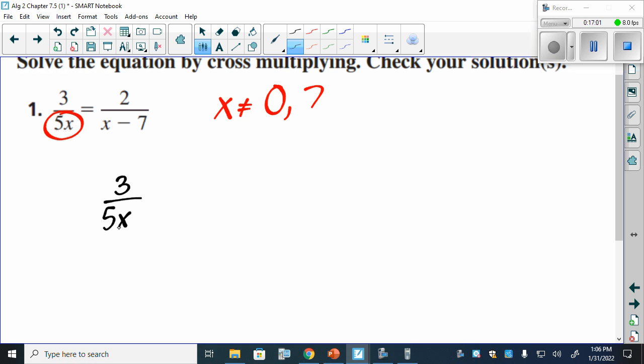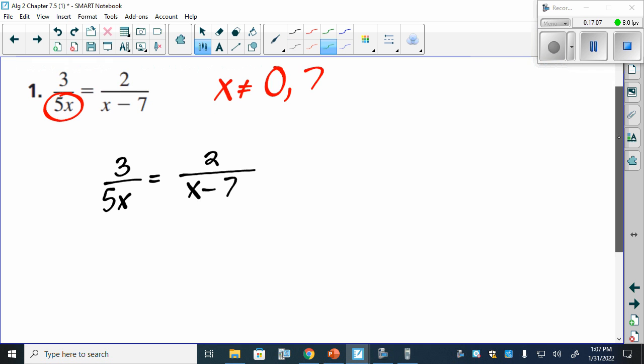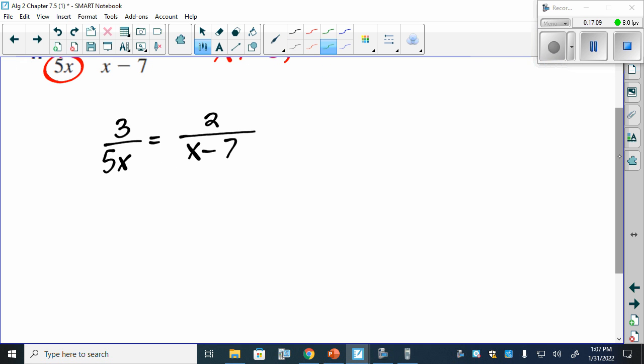We have 3 over 5x is equal to 2 over x minus 7. So what do we need to multiply both sides by to get the denominators to simplify out? X minus 7, x minus 7.